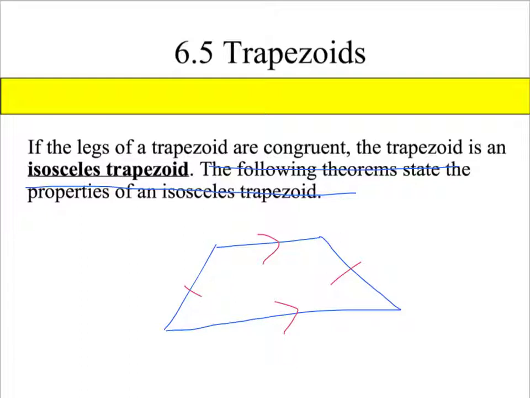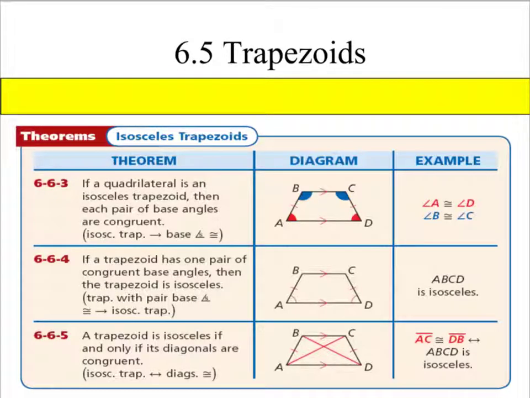We have a couple of properties that go along with isosceles trapezoids. Here we go. The very first one says if a quadrilateral is an isosceles trapezoid, then each pair of base angles are congruent. If you look at this diagram, you will notice that B and C, because it's an isosceles trapezoid, have to be congruent to each other.